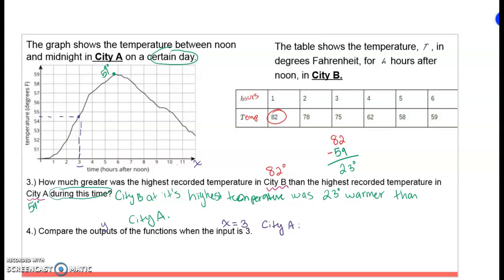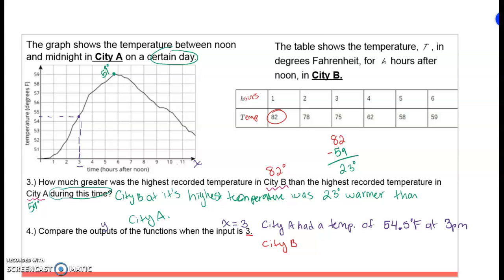So I know it's between 54 and 55. So I'm going to say City A had a temperature of 54.5 degrees Fahrenheit at 3 p.m. And we want to make sure we include that it was at 3 p.m. because the input is 3, and most of the time it won't tell you what the input is.